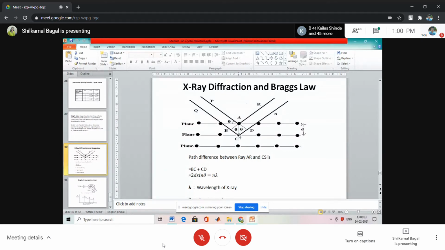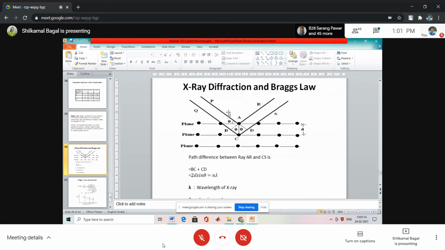Similarly, we can take the X-rays reflected from the second plane and third plane and fourth plane, that is the successive planes: first and second, second and third, third and fourth. There are not only these three planes, but a large number of planes within the whole crystal. So this is the one set of planes.